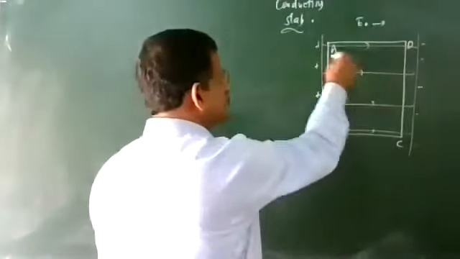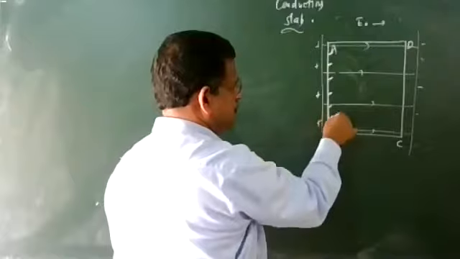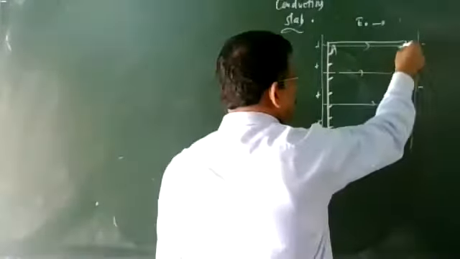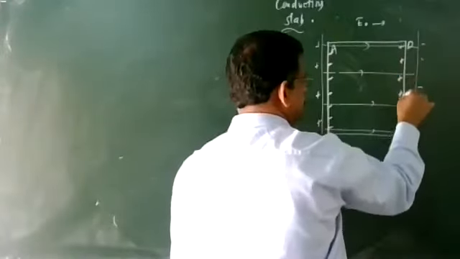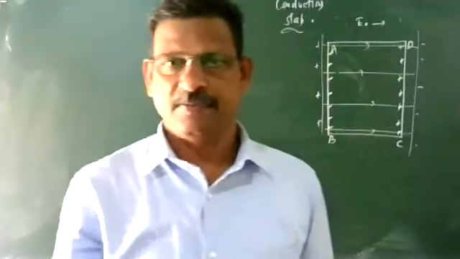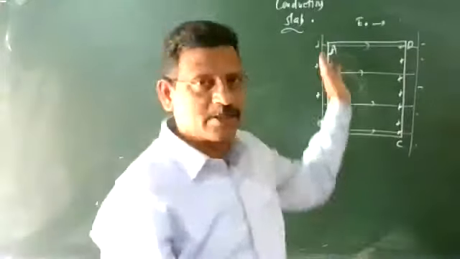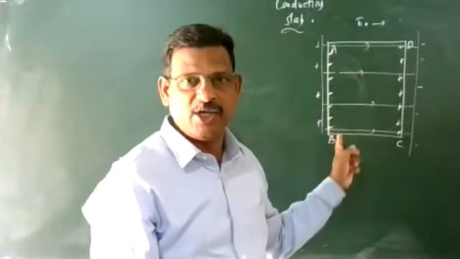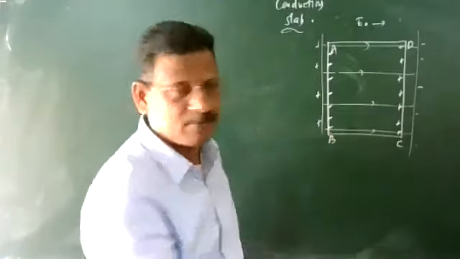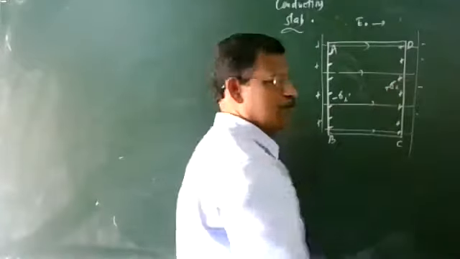So there will be accumulation of electrons at this point, producing a negative charge concentration, leaving an equal positive charge on the other side. When electrons gather here, there will be an induced negative charge on the side AB of the conductor, minus sigma, and an equal positive charge produced on the other side.